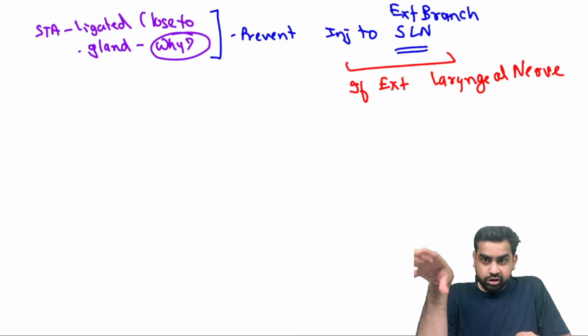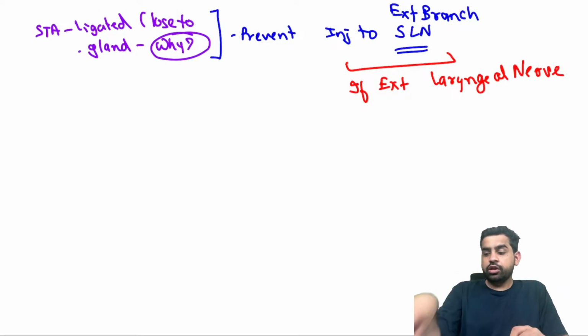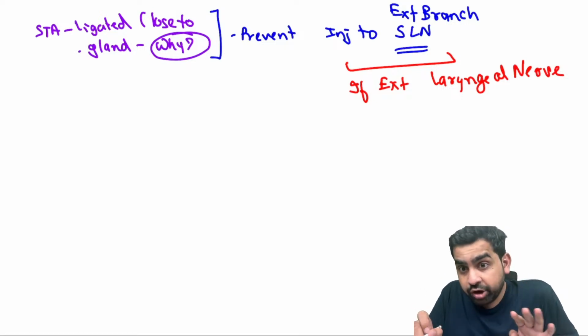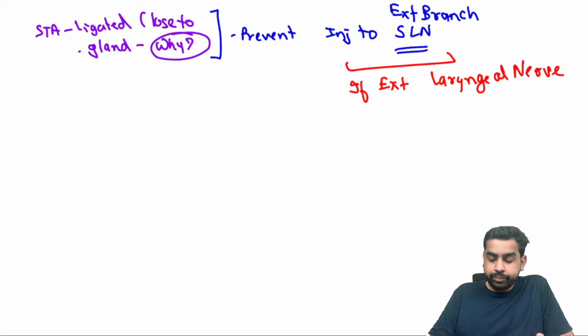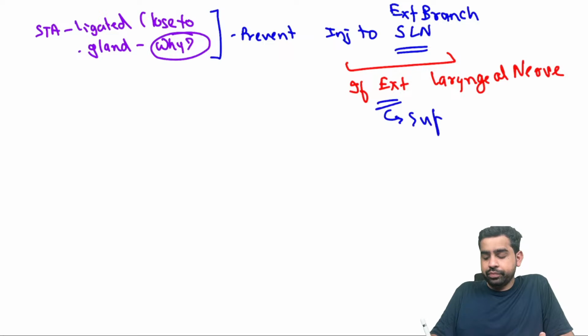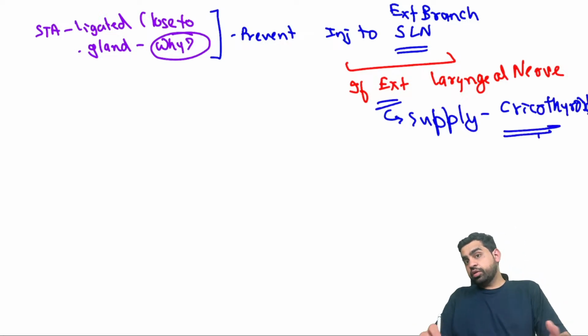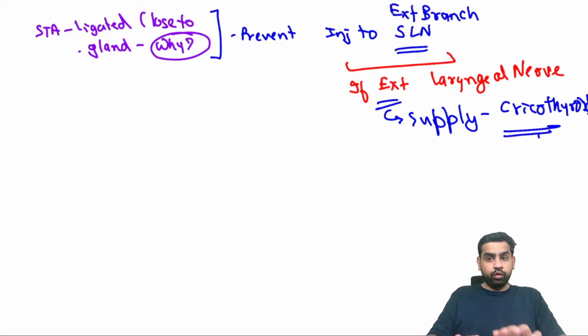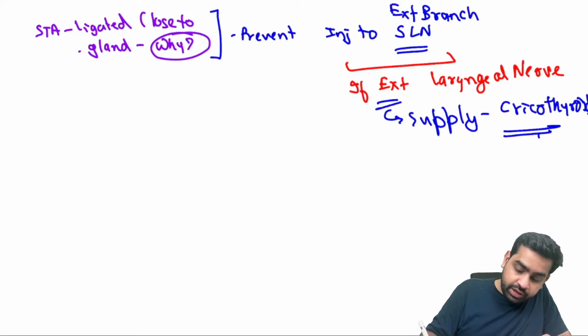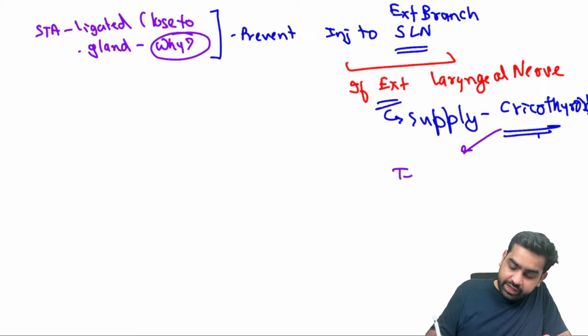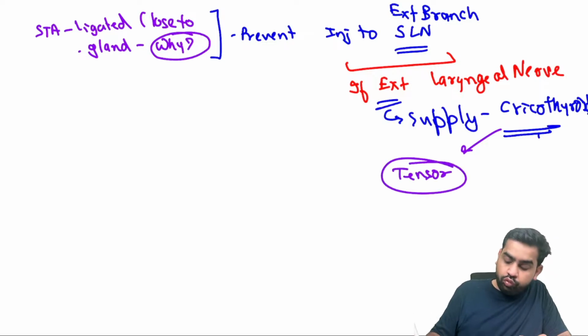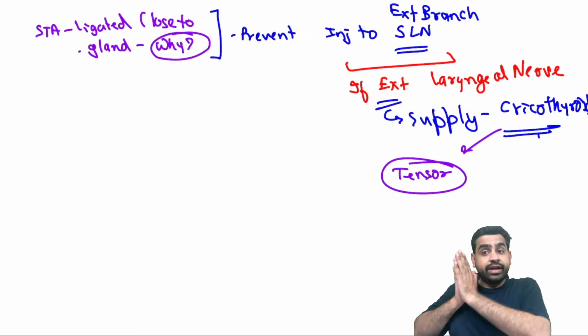The external branch of the superior laryngeal nerve supplies the cricothyroid muscle. And what is the function of the cricothyroid muscle? The cricothyroid muscle is the tensor of the vocal cord.